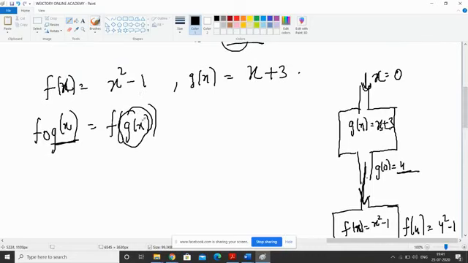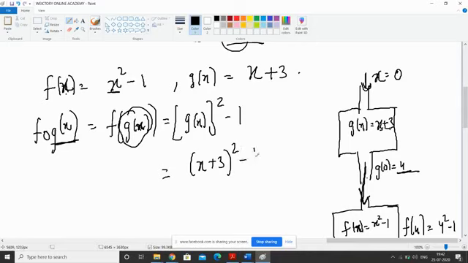But if you want to find the expression of fog(x) in terms of x, what we are doing is putting g(x) inside f(x). Wherever there is x, we will replace it with g(x). So you will get g(x) whole square minus 1. Now what is g(x)? x plus 3. So (x plus 3) whole square minus 1.